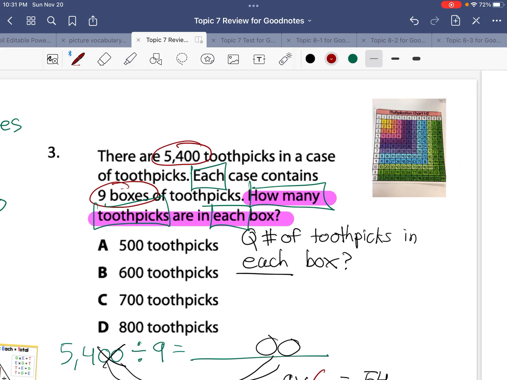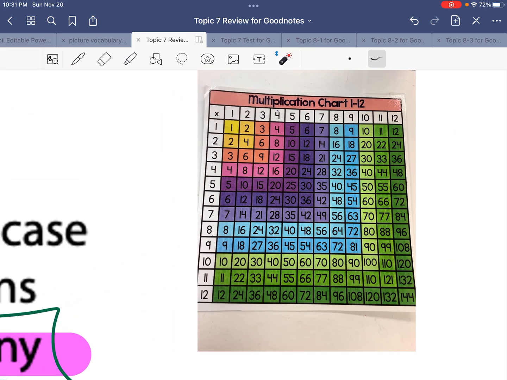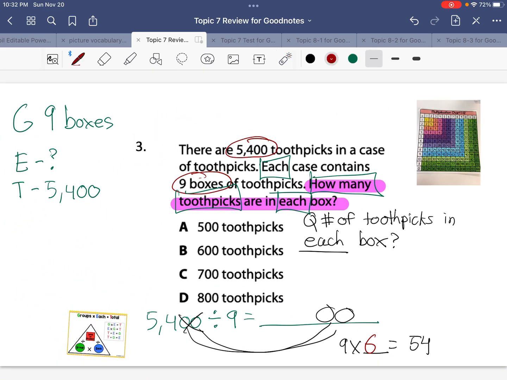And if I look here just to make sure, if I go into my 9s, I'm looking for 54. It's right here. If I go up, I do get 6. I'm going to take this 6 over here, and that means I have 600 toothpicks. Which is B.